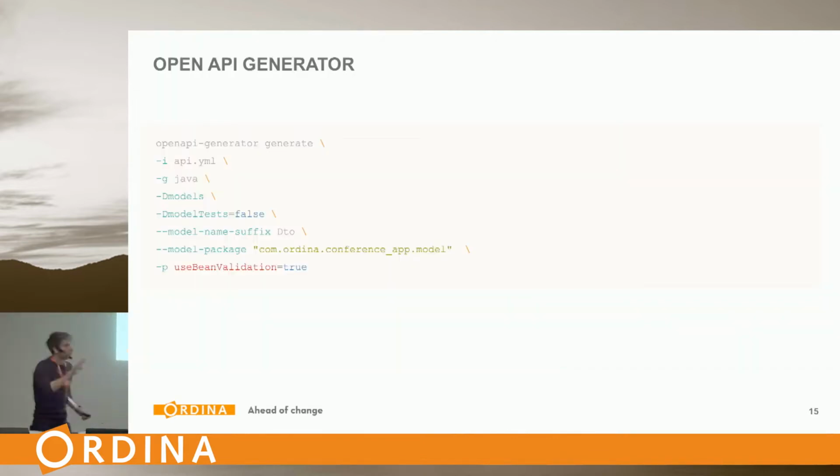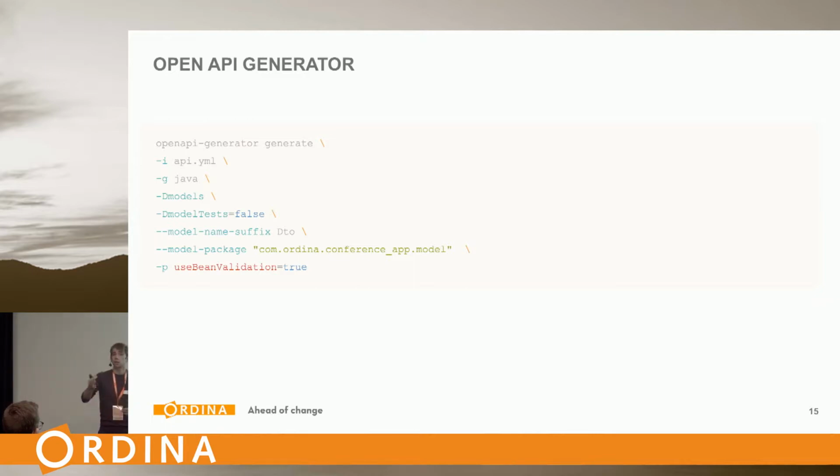And don't be frightened by this command. It's just saying, I want to generate some code based on that file that we just saw. What code do I want to generate? I want to generate some Java code, because we're ready for Java. I want all the files of the code to end with DTO, standing for Data Transfer Objects.